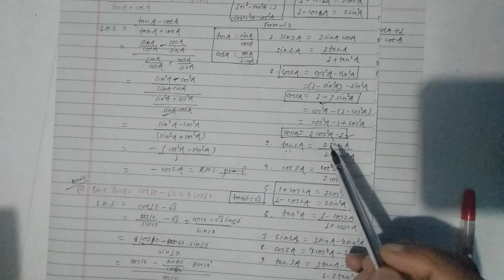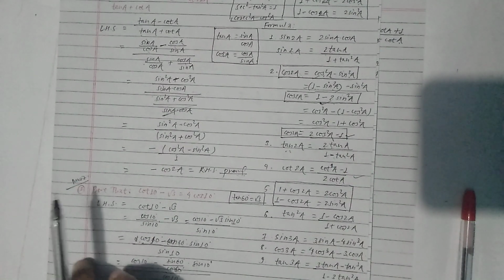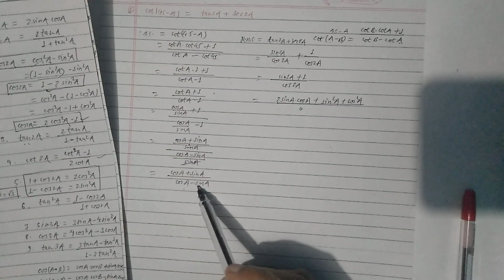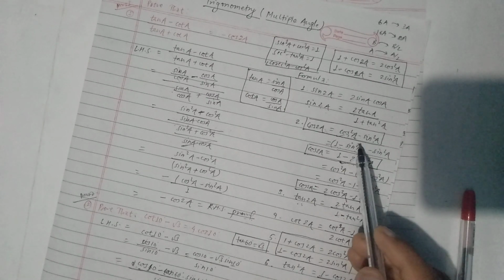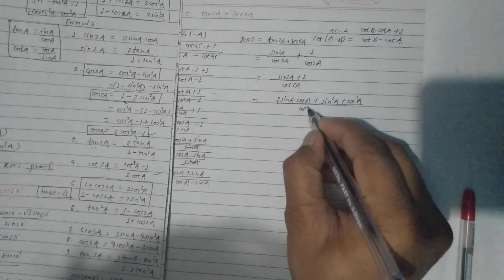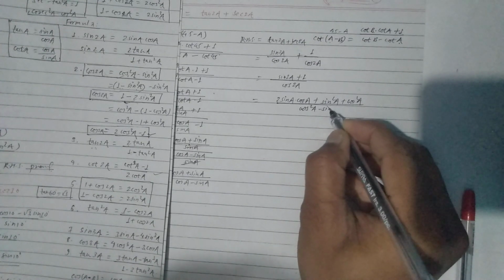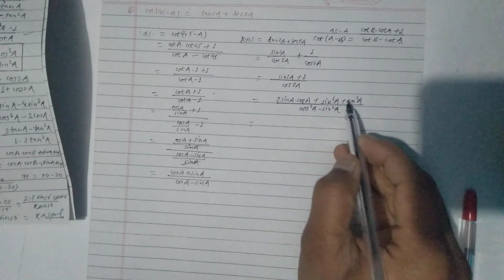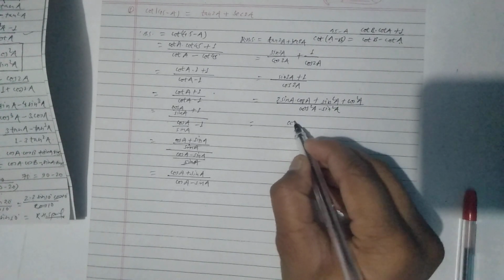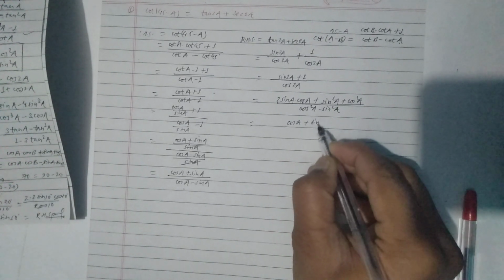In this case, as in the LHS, we have to convert to cos a minus sin a, so we use the formula cos² a minus sin² a. Now a² plus 2ab plus b² is the formula of (a plus b) whole square, so the numerator is (cos a plus sin a) whole square.